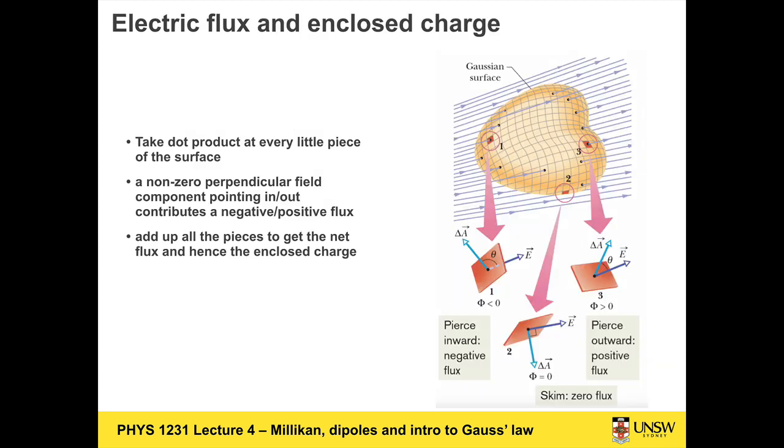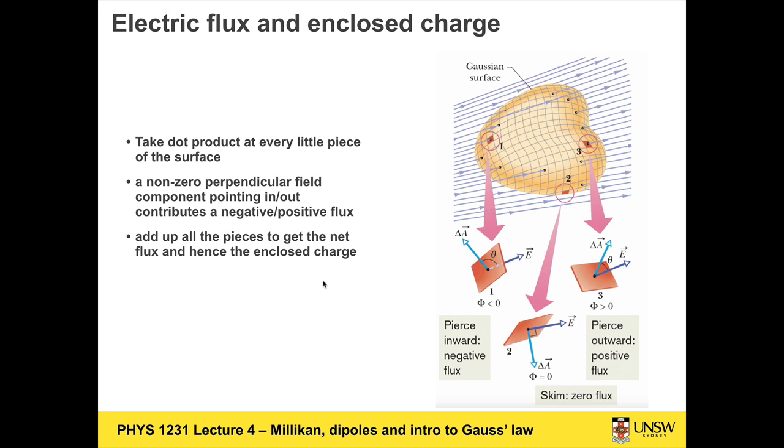In general, it could be very complicated. We could have a very complicated Gaussian surface, and we could break this up into lots of small elements, and we could evaluate this integral of E dot dA, and here are some examples of the contribution. And we'd sum up all the pieces, and we get the net flux and then the enclosed charge.